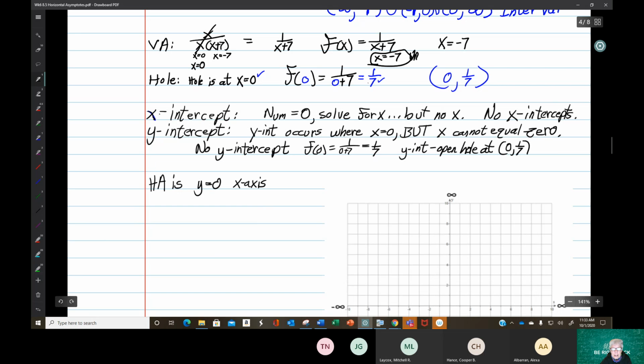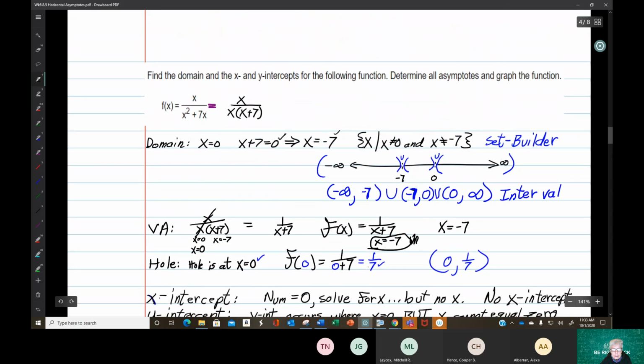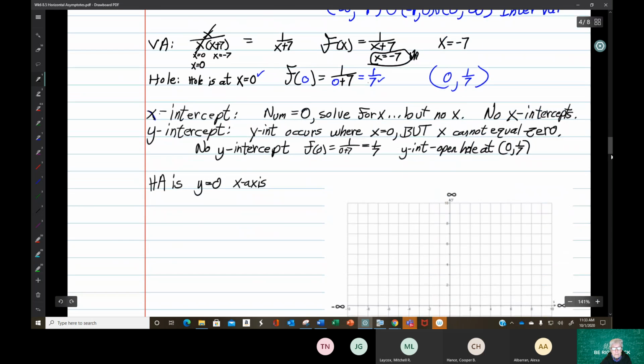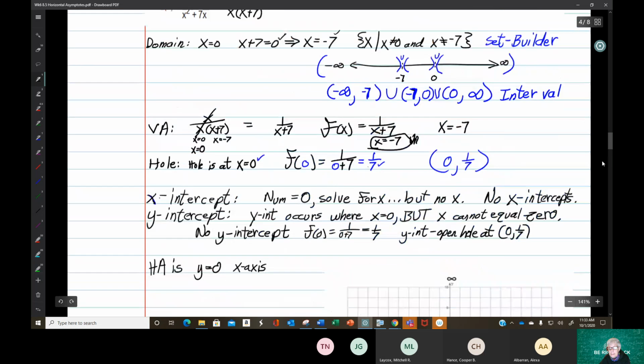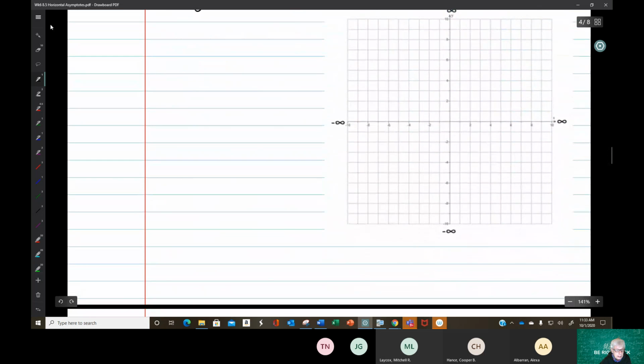Okay, so now we have the information we need. We have a vertical asymptote at x equals -7. So let's put that in first. Here's -7.